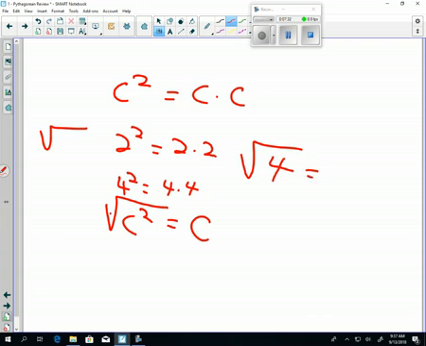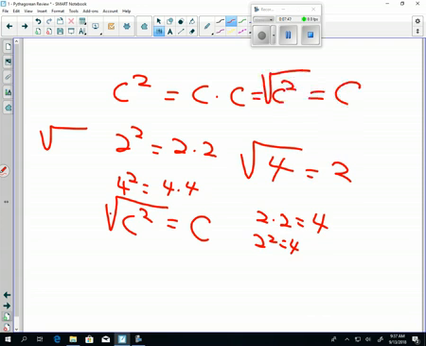Well, that's 2, because 2 times 2 is equal to 4, or 2 squared is equal to 4. And same thing here, c times c is equal to c squared. Therefore, the square root of c squared is equal to c. You see the pattern?